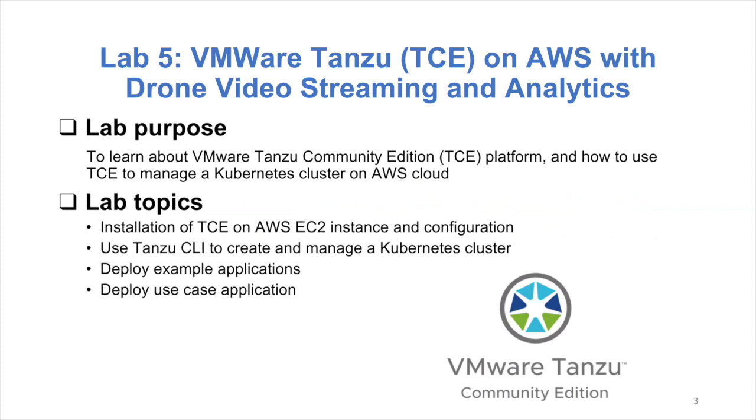The topics of this lab are installation and configuration of TCE on an AWS EC2 instance, and use of the Tanzu CLI to create and manage a Kubernetes cluster. Once the cluster is created, we will deploy some example applications and deploy a use case application at the end.